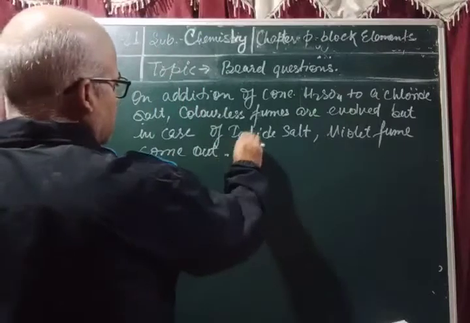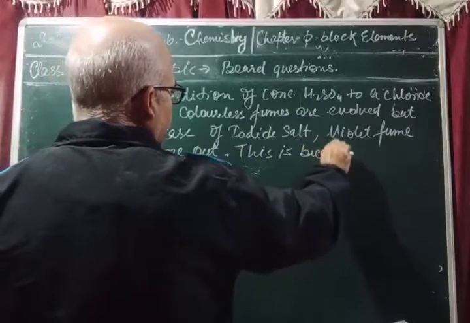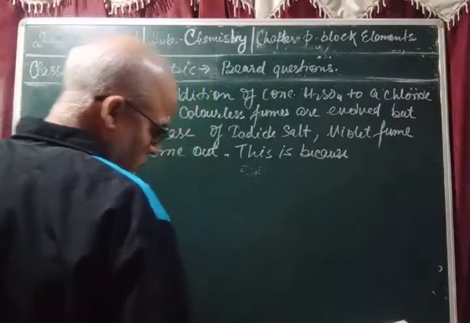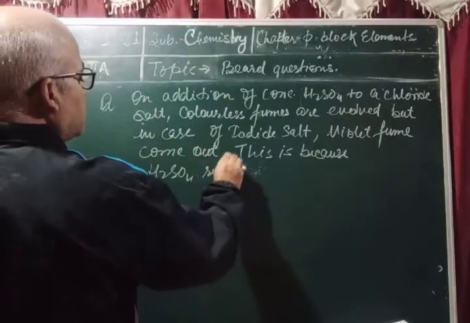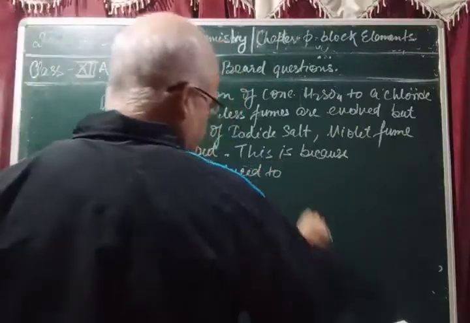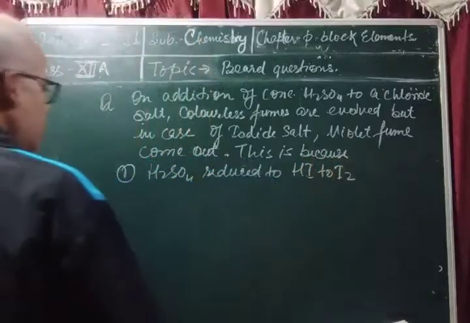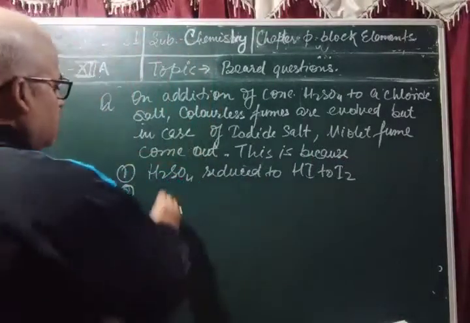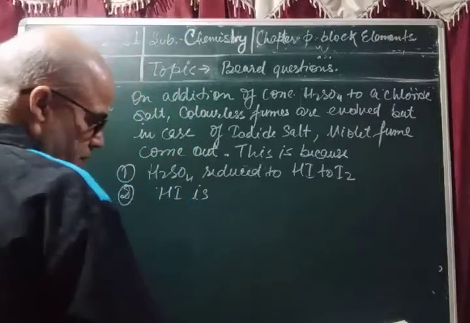This is because: first option is H2SO4 reduced to HI, to I2. Second, HI is of violet color.